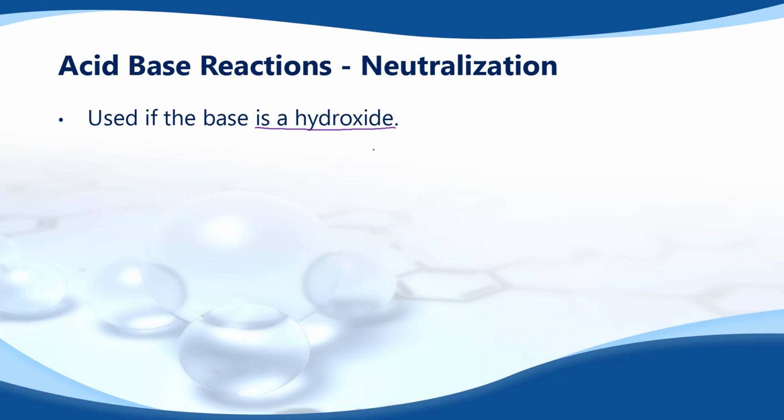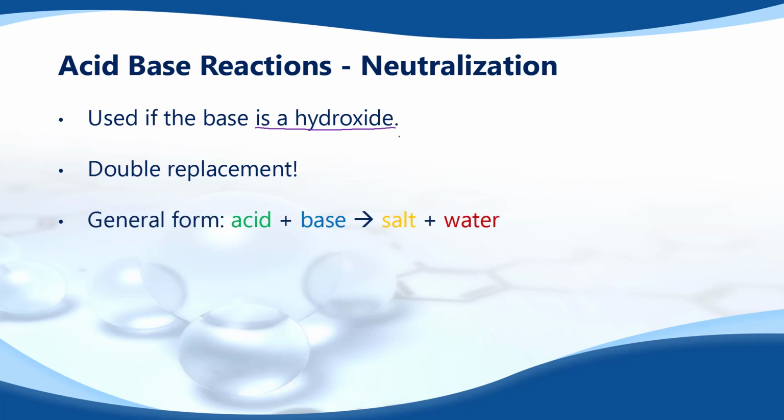These reactions are just double replacement type reactions, but they follow a very specific pattern in that the acid plus the base will always yield a salt, which is an ionic compound, and water. Always water. Now, it may be more helpful for you to write water as HOH instead of H2O, so that it can help you with the replacement a little bit, but that I'll leave to you guys.